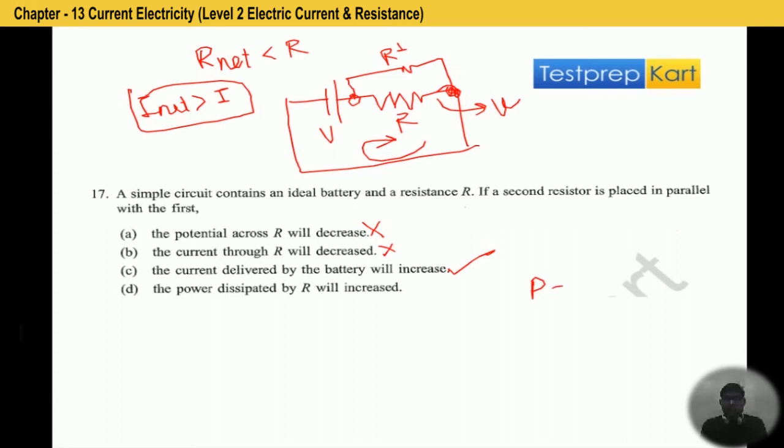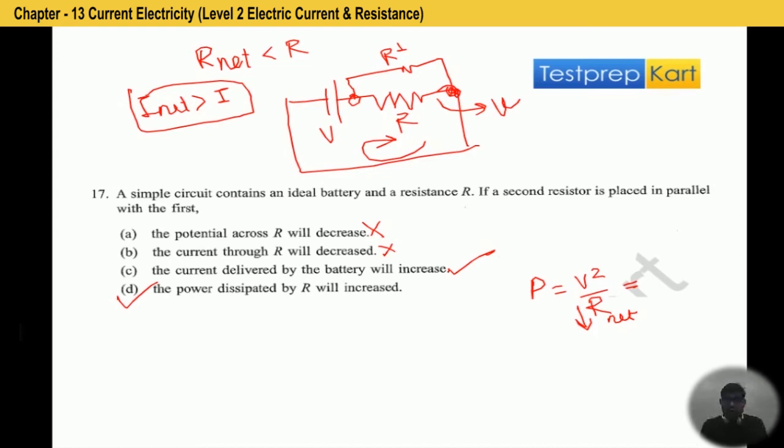So power dissipated is V square over R net. If R net is less, then definitely the total power dissipated must increase. So option D is also right.